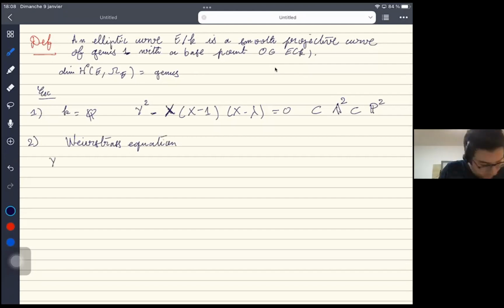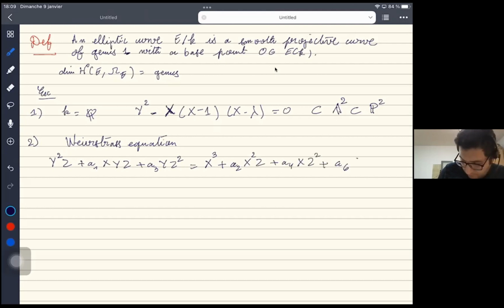Now, it is a little bit long, with a1 until a6 in K, where K is any field.